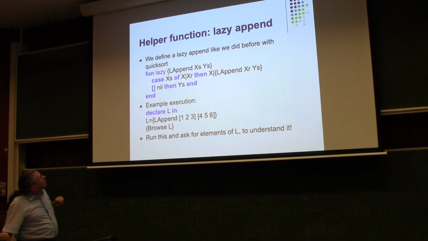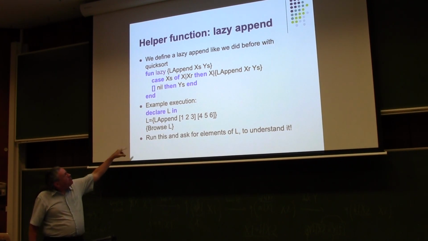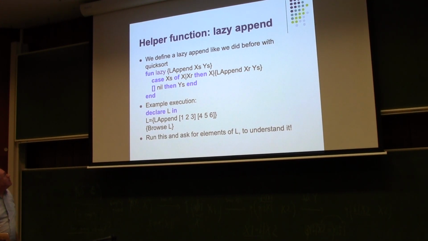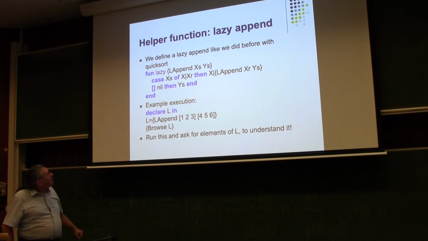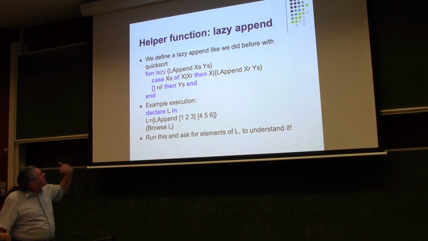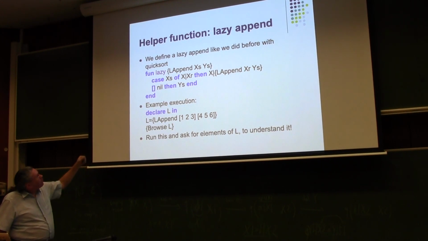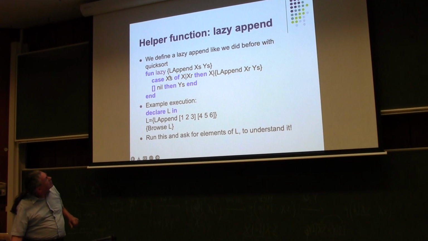Well, first we need a helper function, a lazy append. So this is the same as for quicksort, okay? We need a lazy append function. So this is just the append made lazy. And what it does is, each time you ask for an element, the case statement will ask for elements from its first argument, okay?